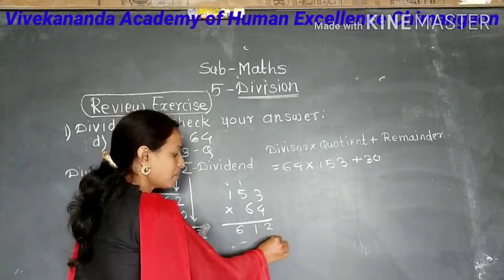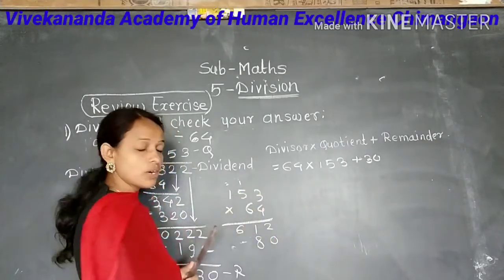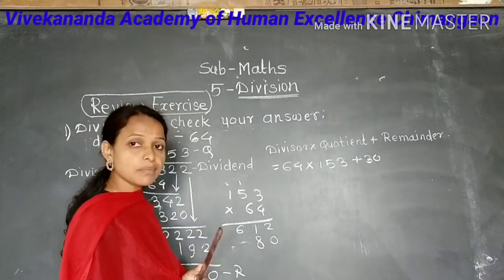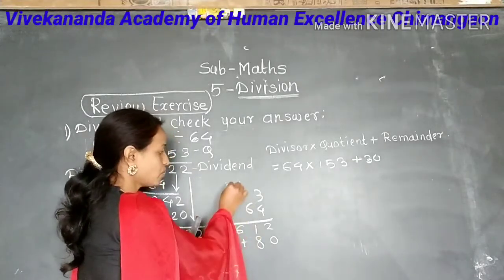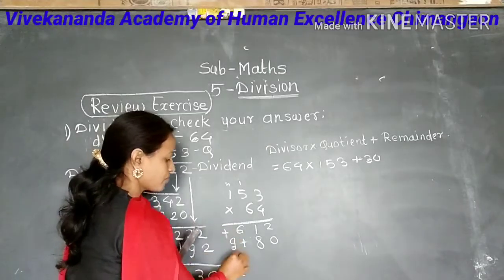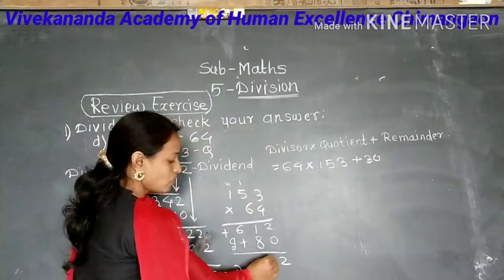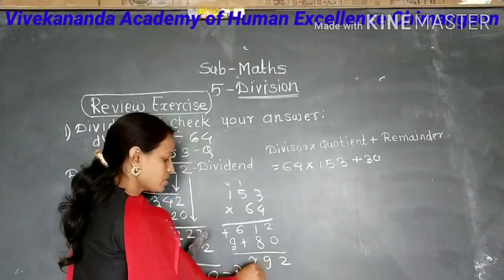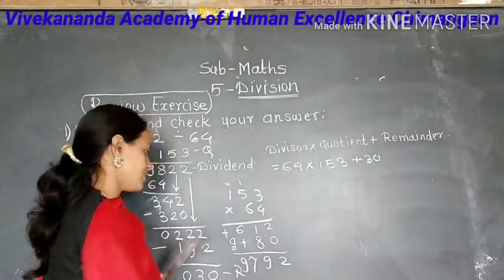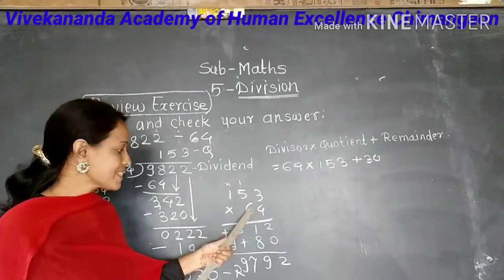Now we will multiply by 60. 6 3s are 18, 8 carry over 1, 6 5s are 30 plus 1, 31, 1 carry over 3, 6 1s are 6 plus 3, 9. Now we will add 2 plus 0, 2, 1 plus 8, 9, 6 plus 1, 7 and 9 as it is. In this way we multiply 153 by 64.